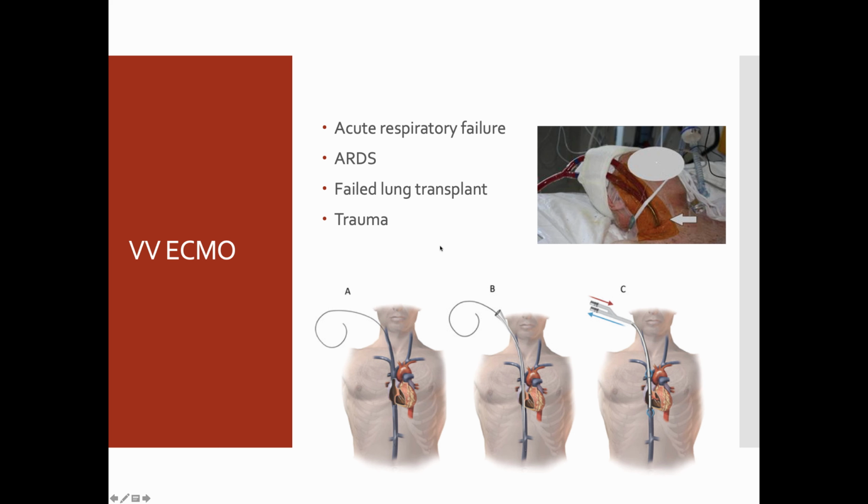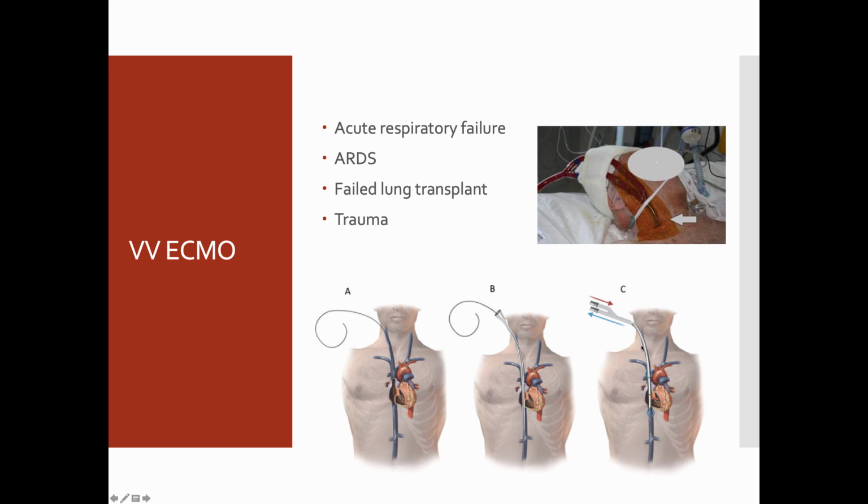VV ECMO is really just for respiratory failure, or ARDS, or some sort of pulmonary failure, maybe after a failed lung transplant, or if there's severe trauma that impacts the ability of the lungs to work.